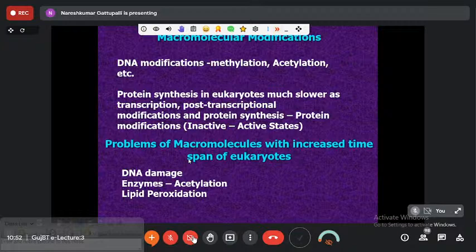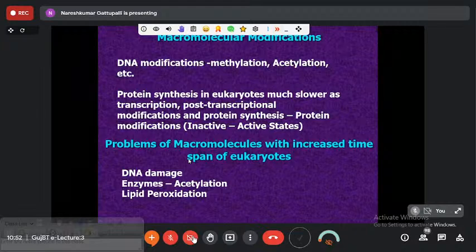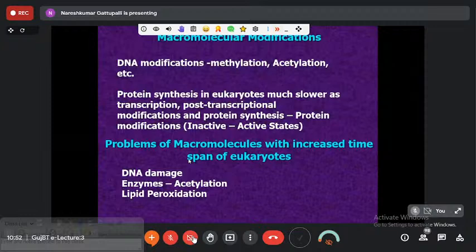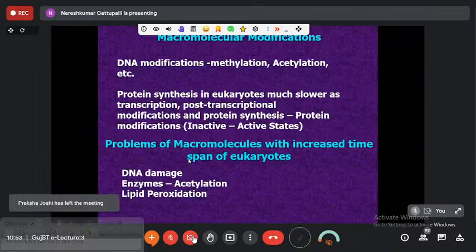DNA, with the reactive oxygen species and whatever is going on, some sort of damage is going to take place, so it has to be repaired. Enzymes have to be protected from degradation, which involves a process such as acetylation, and lipids undergo peroxidation. So there are a lot of maintenance problems in the cell, and a lot of energy goes into maintaining the macromolecules.